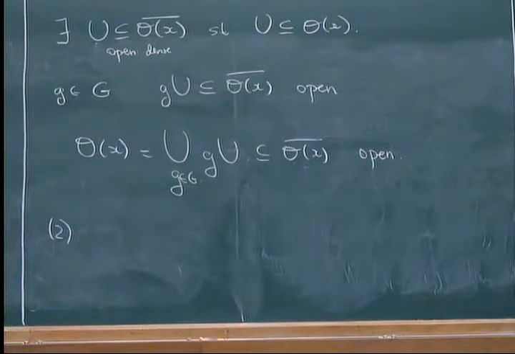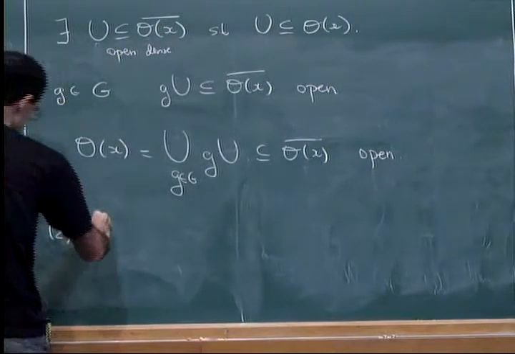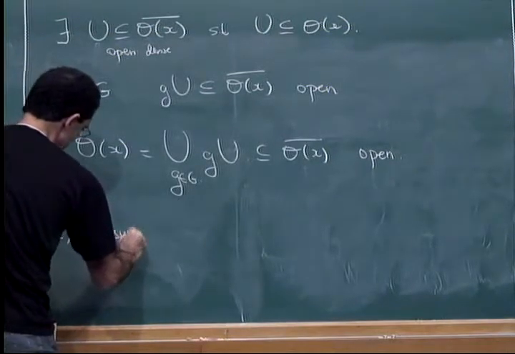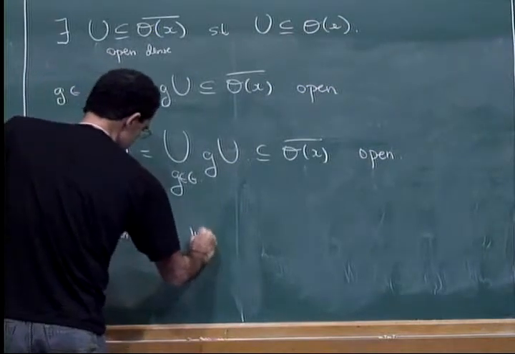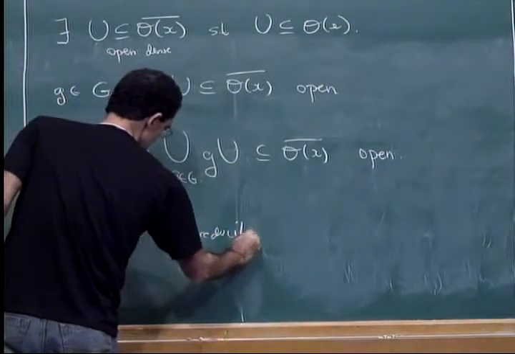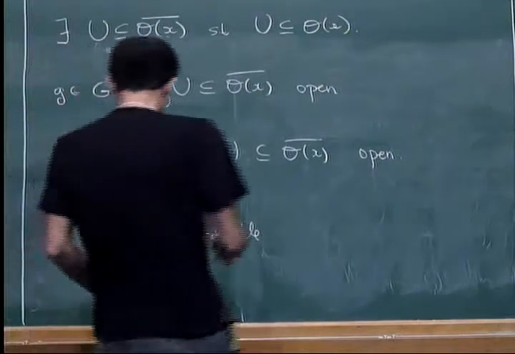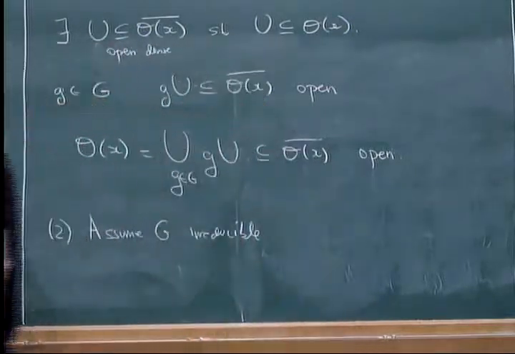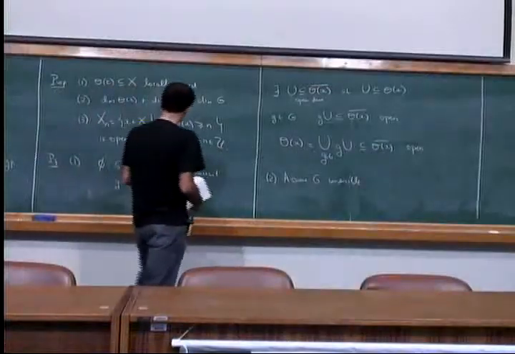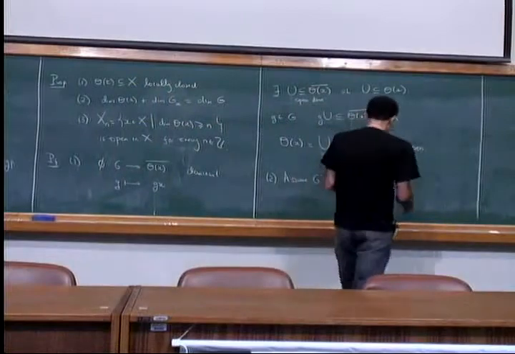For the second, I will assume that G is irreducible. Not necessary, but you have to do some reduction, and I'm not going to worry about it. So assume G is irreducible. Then we look at this map here from G to O_x.